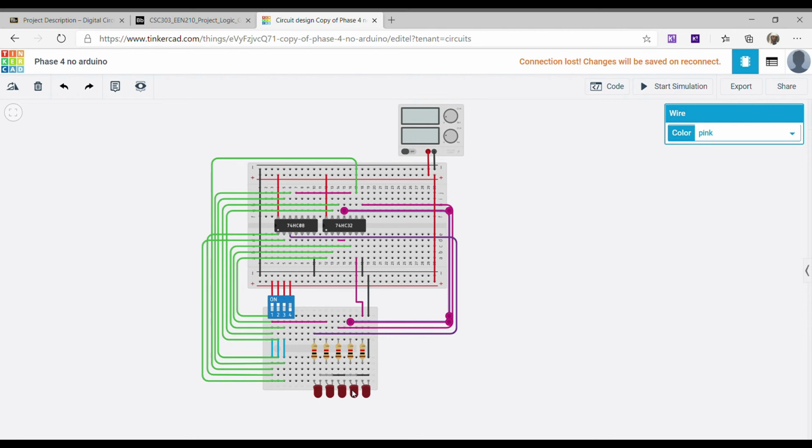Moving to L3. L3 is A plus B times C. So we have a plus, which is an OR gate, and B times C, which is an AND gate. For L3, here's the first input for the AND gate. It is connected to 2, which is B, and here it's connected with 3, which is C. B times C is the AND gate.